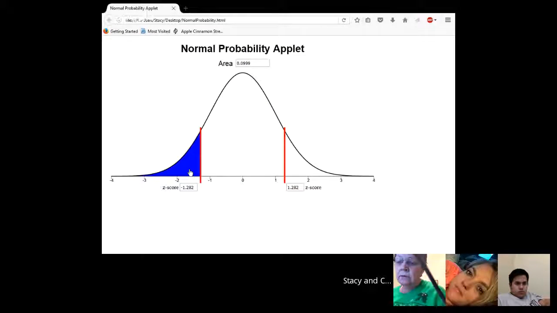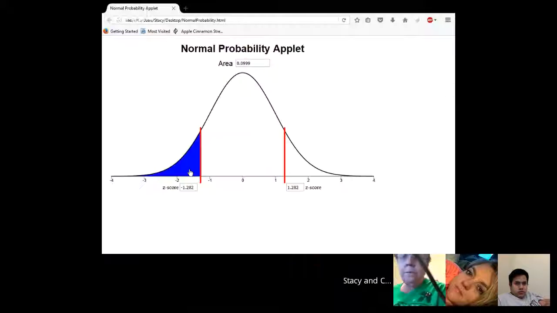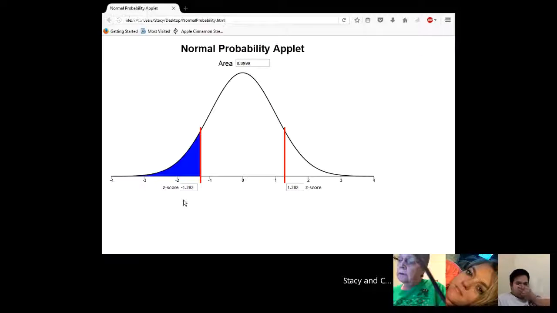But it can't be negative. Is that what you got? Yeah, and it is negative 1.282. Yeah, the z-score can be negative. Underneath it can't, right?